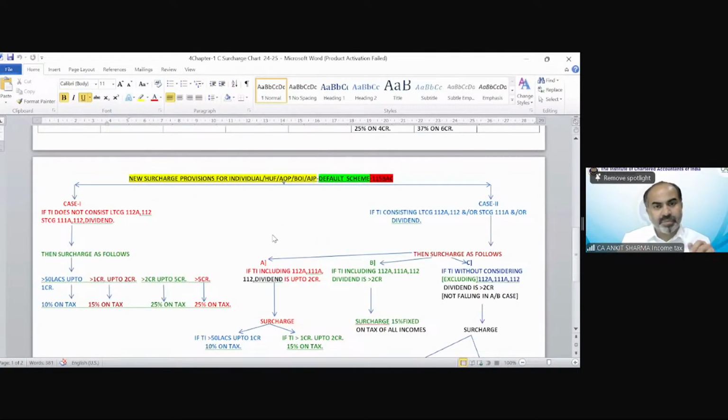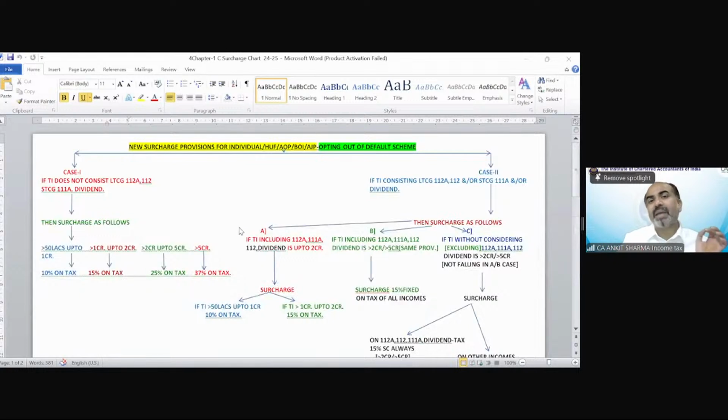So this is the chart regarding the surcharge applicability provision. And this is very simple. Case number 1, there are 4 categories of special income. If your total income does not consist of section 112, 112A, short-term capital gain 111A or dividend, then surcharge would be as follows. If total income exceeds 50 lakh up to 1 crore, that is 10%.